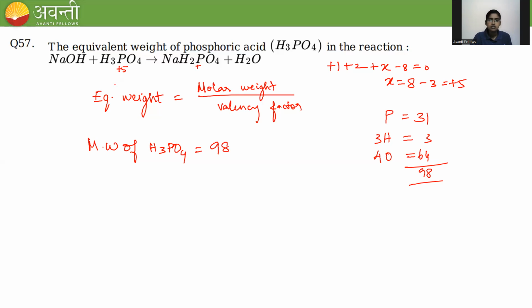Now here also the oxidation state of phosphorus is +5. Here also it is 4 into 2, 8, 8 minus 3 is +5. So +5 to +5. So change in valency is almost equal to 1. So equivalent weight is equal to 98 by 1, which is equal to 98. So the equivalent weight of phosphoric acid is 98. Got it?